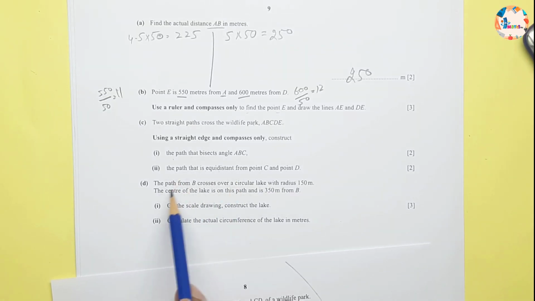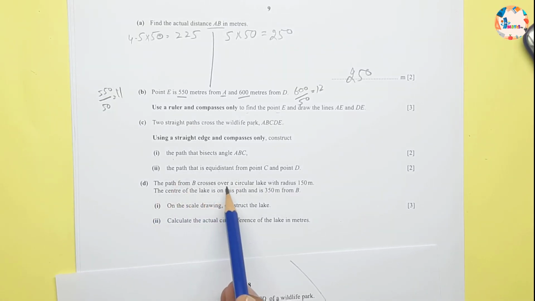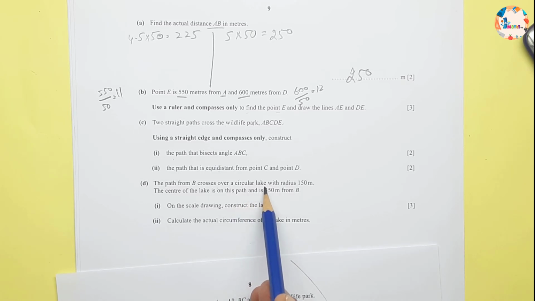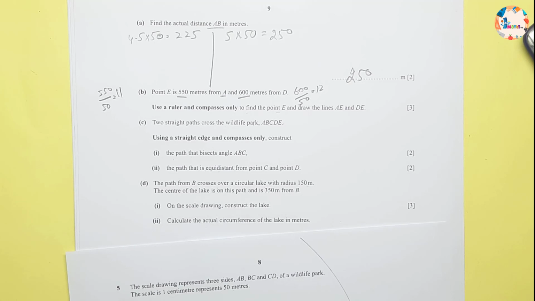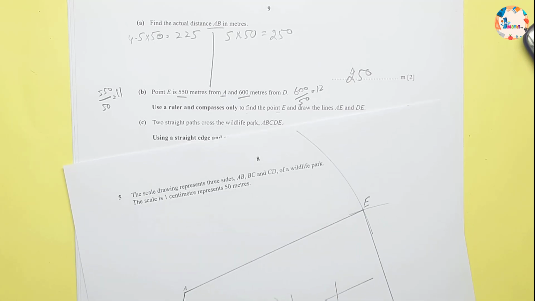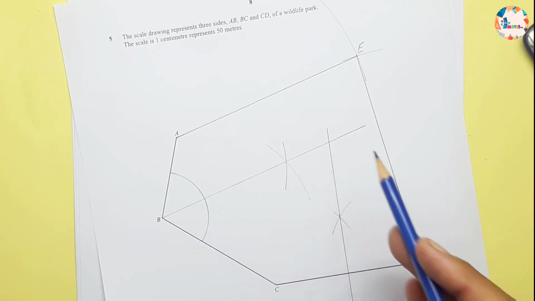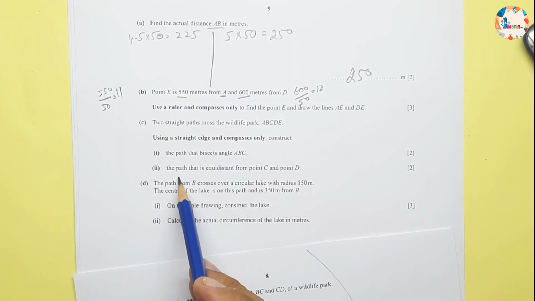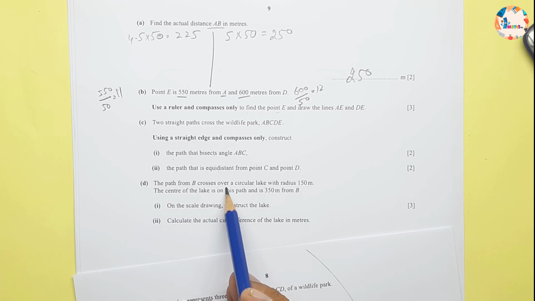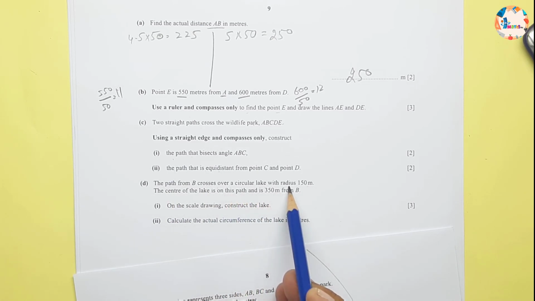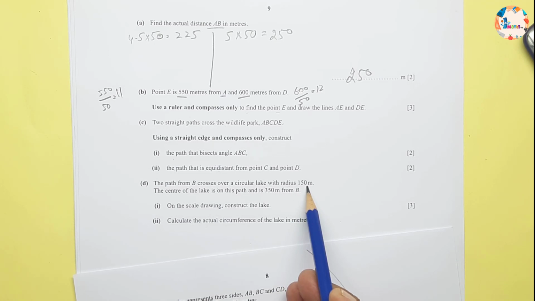Now they are saying the path from B crosses over a circular lake with radius 150 meters.